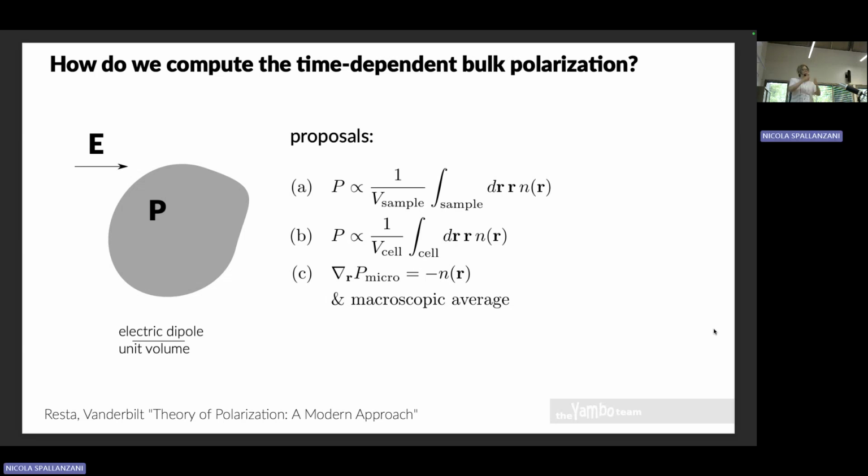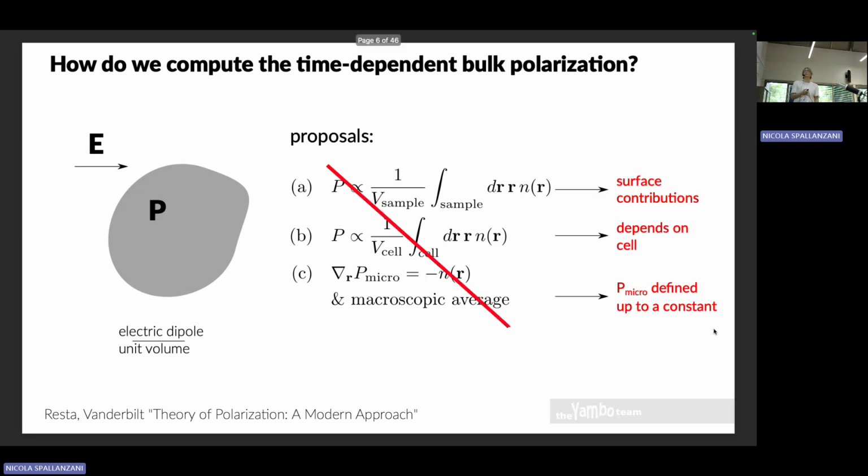So this is a simple example, because if you are in 3D, it's even more complex. The other says, okay, I can just use the continuity condition, but this will only give the microscopic contribution. So this is not the macroscopic contribution that we want.